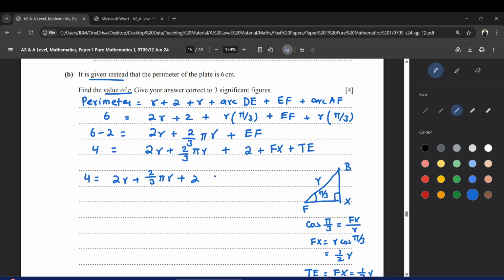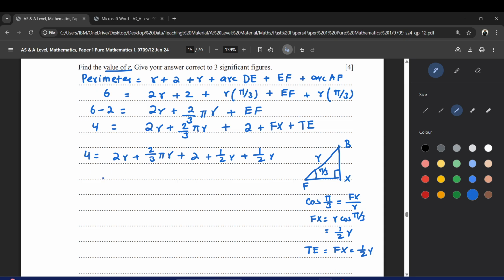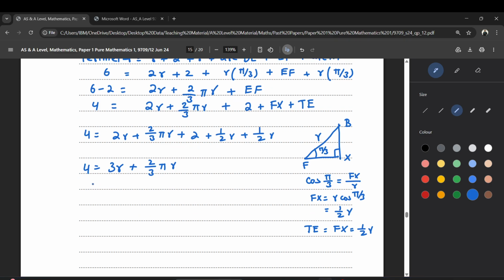Now instead of FX, I'm going to write half R, and for TE again I'm going to write half R. So now this 2R plus half R plus half R, that makes a total of 3R plus 2 upon 3 pi R. Okay, now we can factorize R. So I would be left with 3 plus 2 upon 3 pi, and therefore, okay, my bad, this 2 was also there, right?